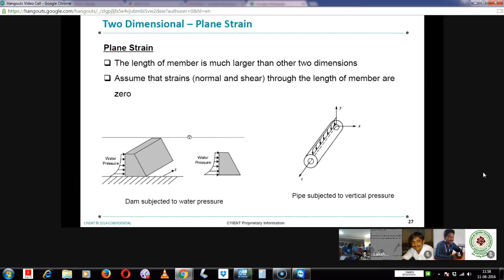It can be simulated as a simple cross-section area subjected to pressure loading, and the third dimension, which is very large, is represented by real constants. Similarly, this is for a pipe, a pipe subjected to internal pressure. So these two are good examples for plane strain.